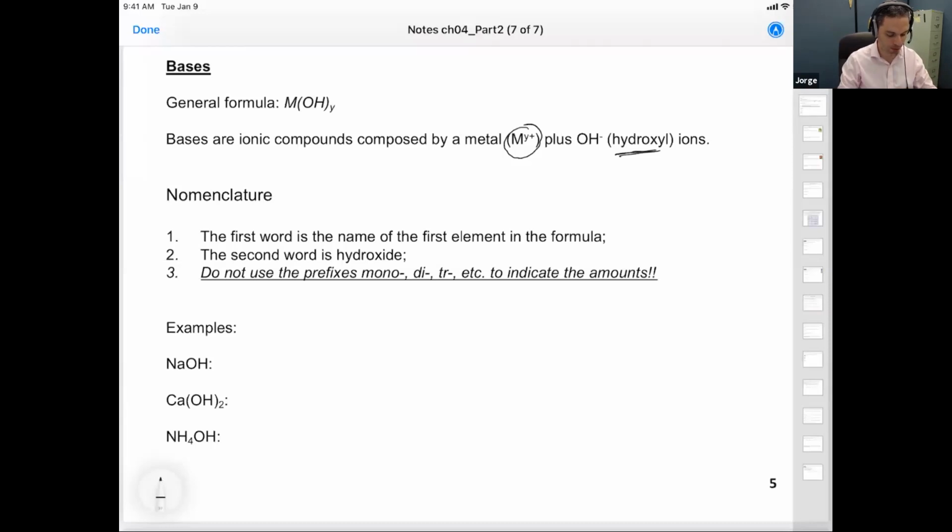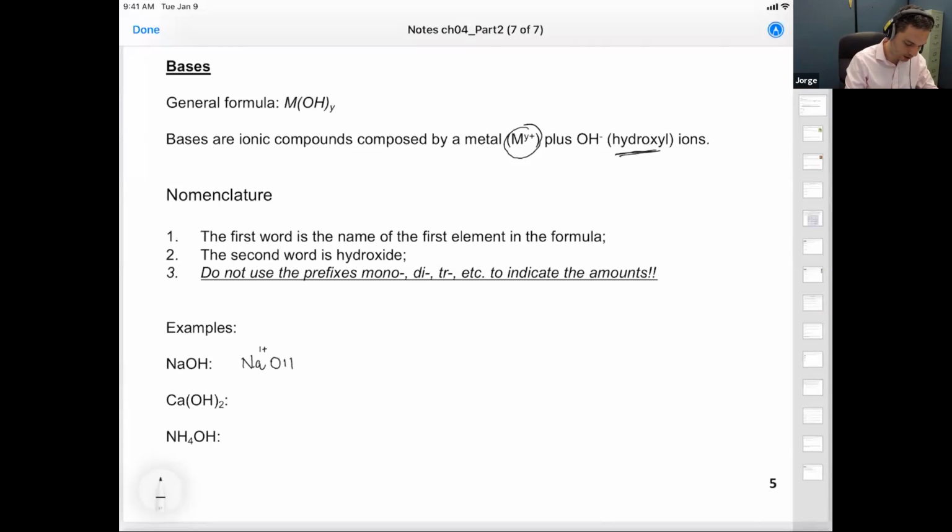First example, NaOH. Remember that Na is a metal, and sodium always has a positive charge because it belongs to group number 1.